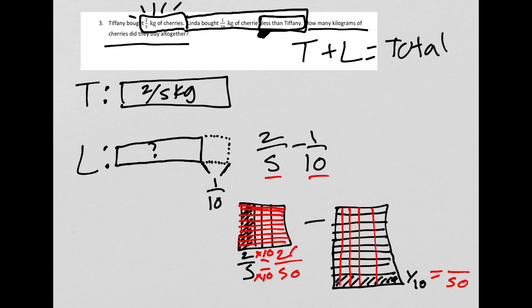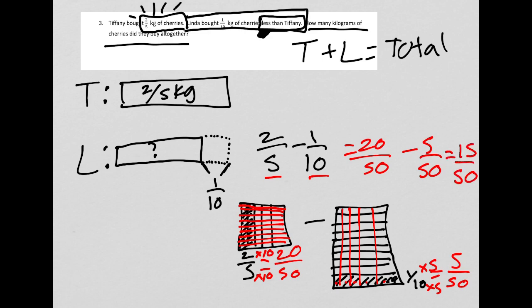So that means this is 20. 2/5 equals 20 50ths, and 1/10, I'm going to times by 5, times by 5. So I get 5 50ths, and I can see that one. 1, 2, 3, 4, 5. So my new equation is 20 50ths minus 5 50ths, which gives me 15 50ths.